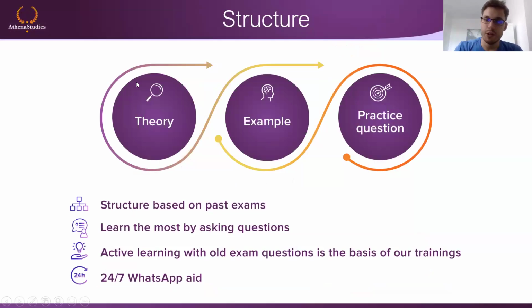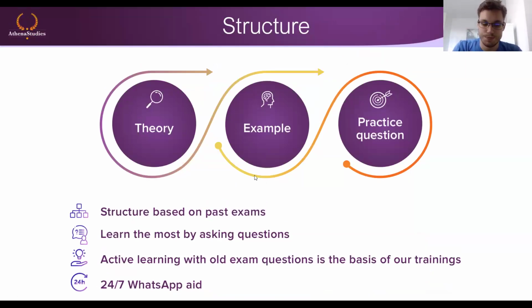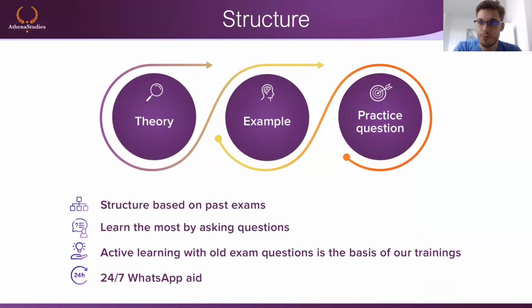Let me just briefly do a little structure on how we do things here at Athena. It's a three-step process. We do a little bit of theory every time about any chapter. So now we're going to be talking quite a bit actually. Then we're going to do some examples where I explain how they work.